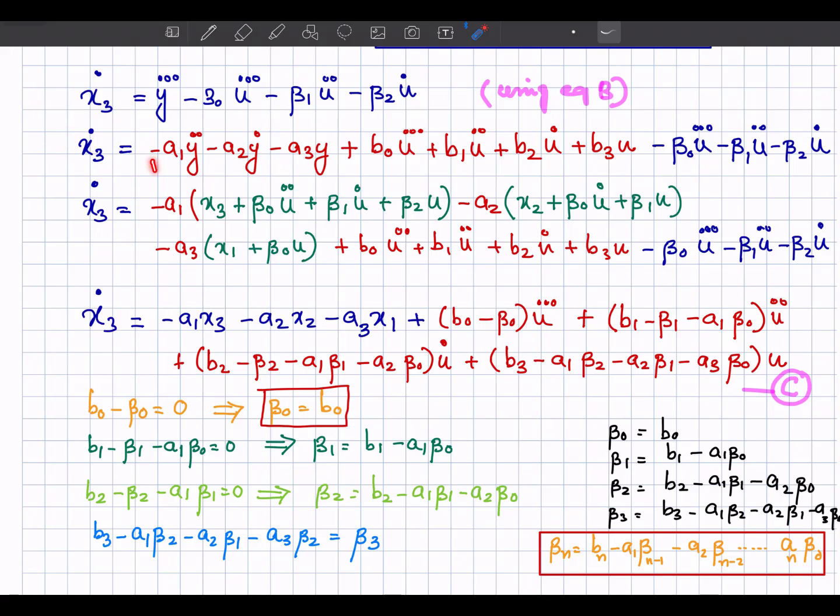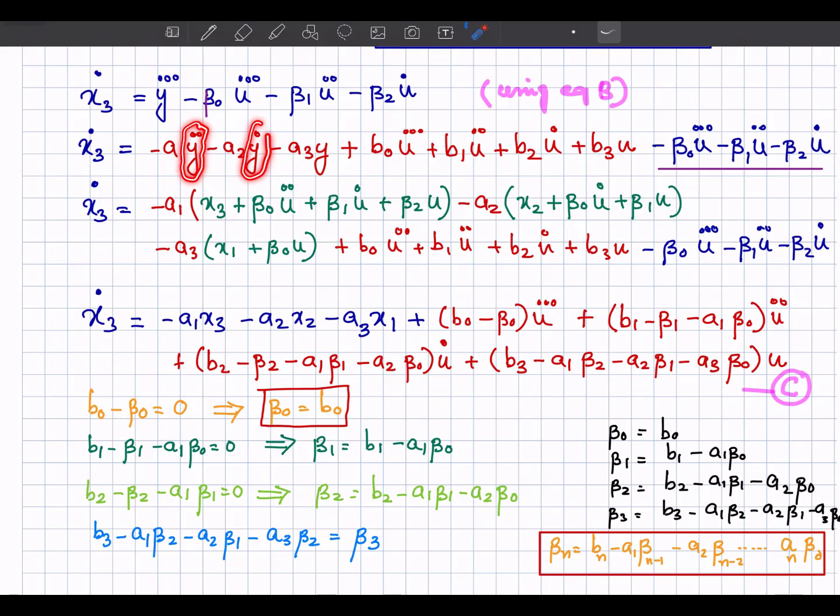Over here what we have done is replaced this y triple dot from equation B, and the rest of the terms are over here, right? So this is beta naught into u triple dot minus b1 u double dot minus b2 into u dot from this equation.